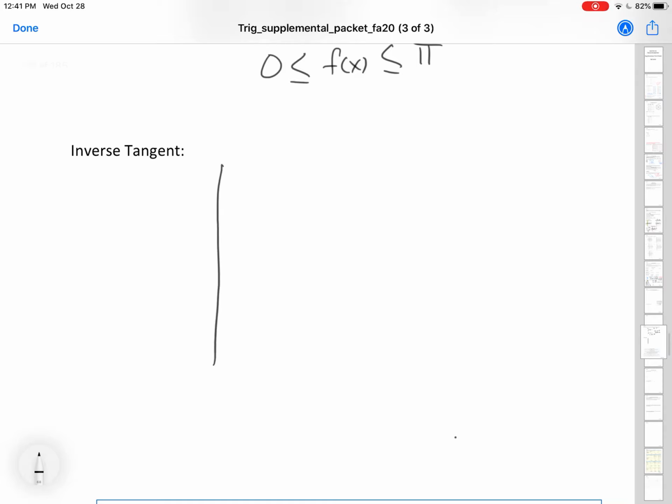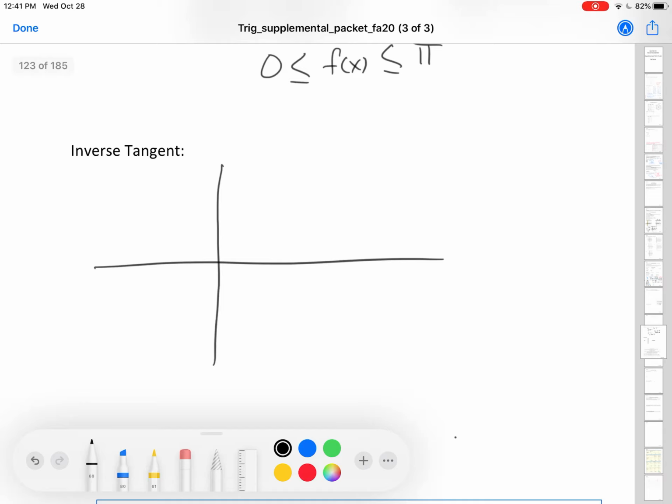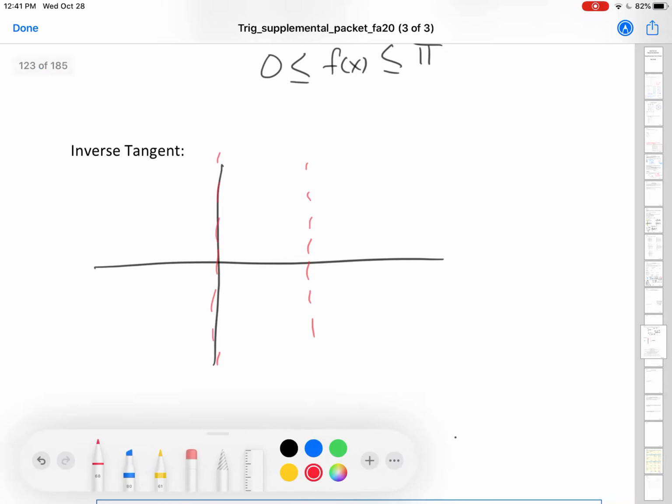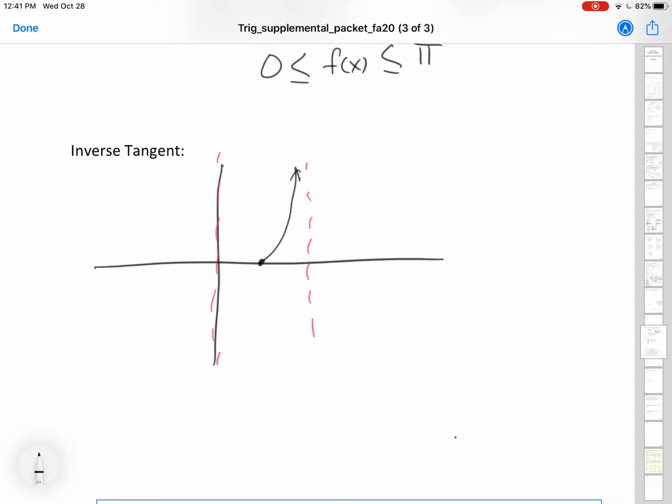How about inverse tangent? If we look at the tangent function, here's what you remember about tangent. It has some asymptotes. And right here in the middle, it's 0, and it goes up.